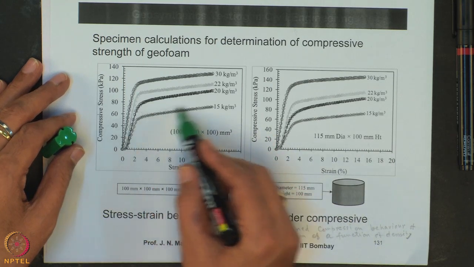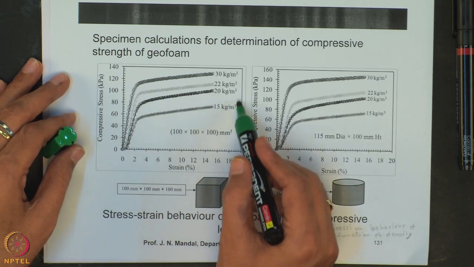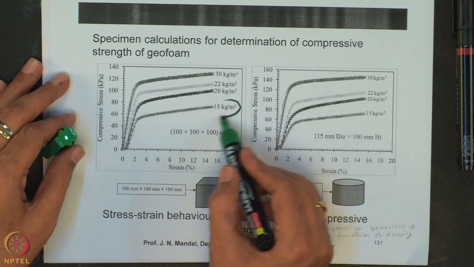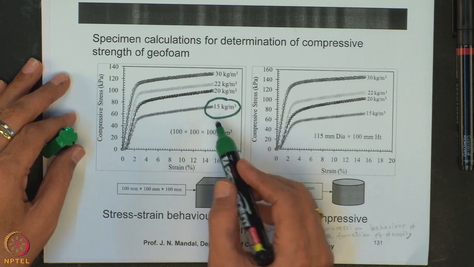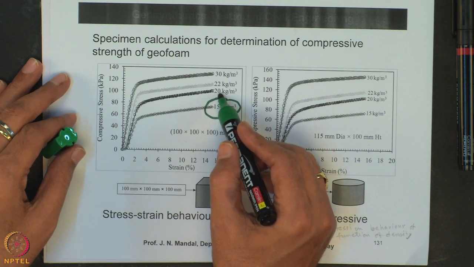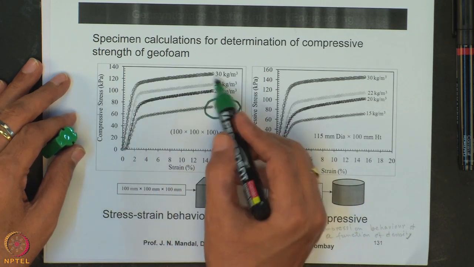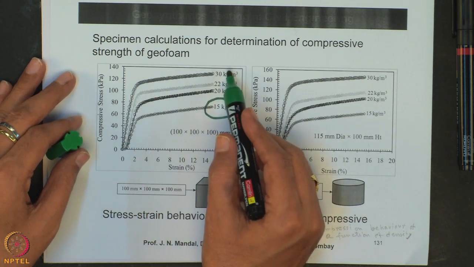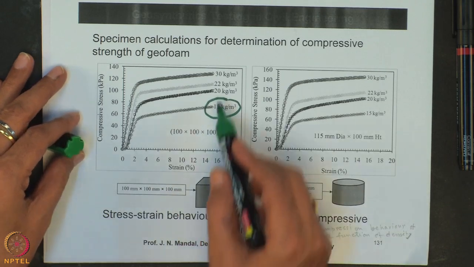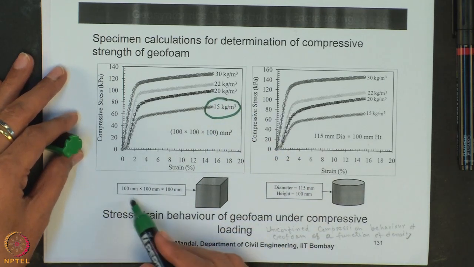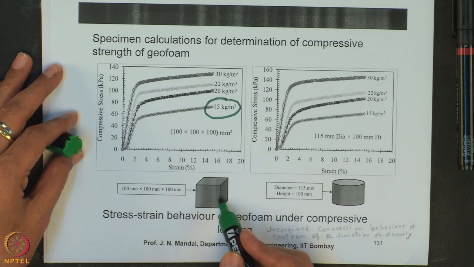So, this is the stress strain curve for particular geoform densities: 15 kg per meter cube, then 20, 22 and 30 kg per meter cube. Here the sample size is 100 millimeter by 100 millimeter by 100 millimeter.